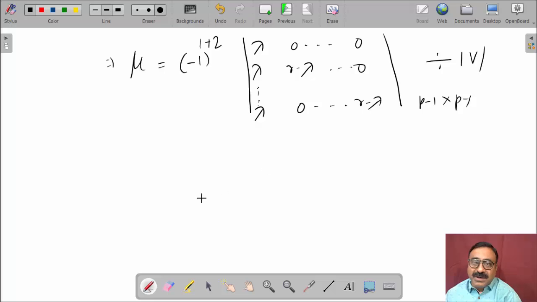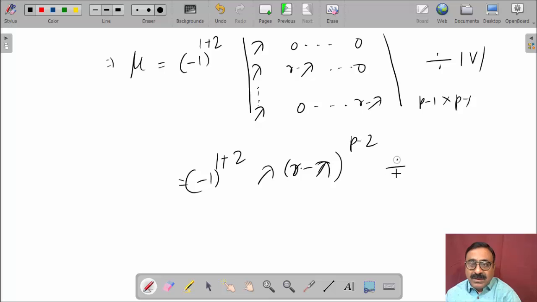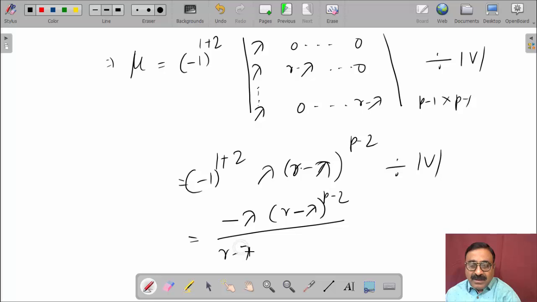So this will be equal to minus 1 to the power 1 plus 2 lambda into R minus lambda to the power P minus 2, divided by the determinant of V. So this is equal to minus lambda R minus lambda to the power P minus 2 divided by R minus lambda to the power P minus 1 into R plus P minus 1 lambda.